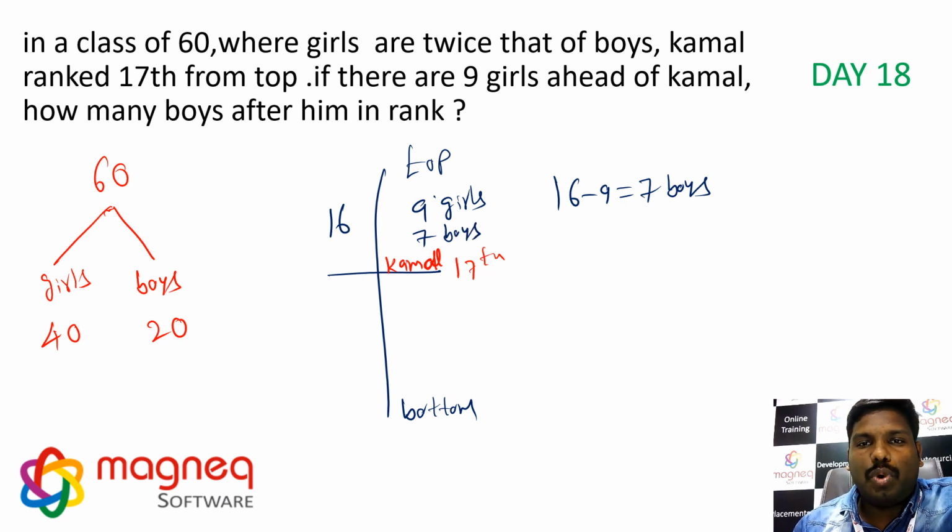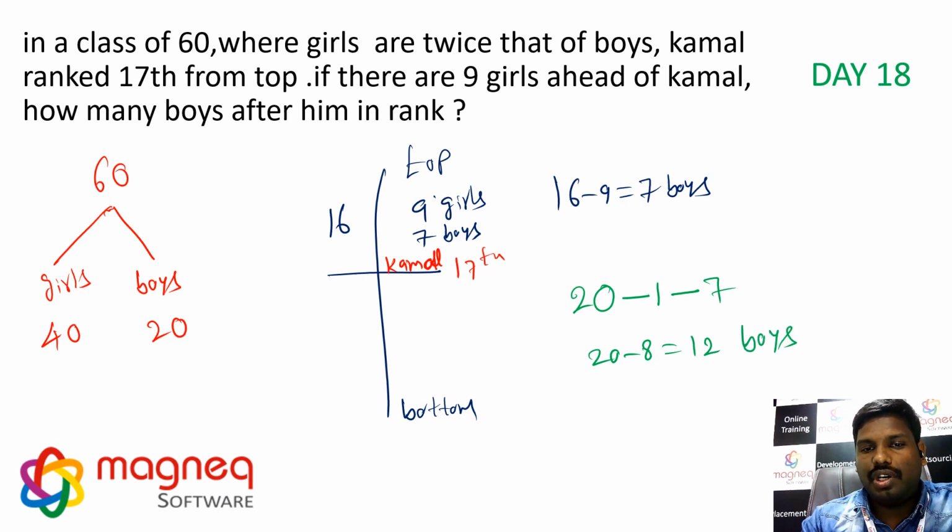So how many boys are after Kamal in rank? There are a total of 20 boys. Minus 1 Kamal and minus 7 boys. 20 minus 8 means after Kamal 12 boys.